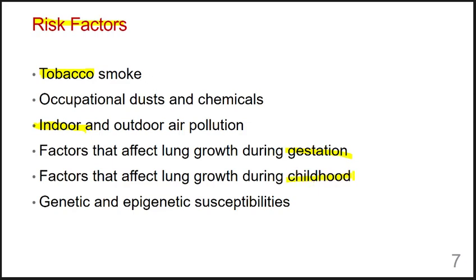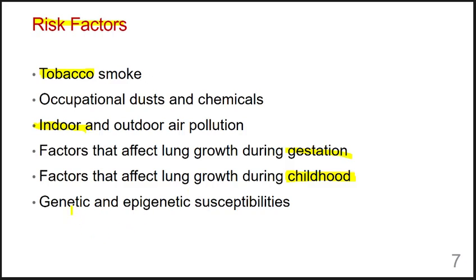So if that child is born at a low birth weight, maybe they have chronic respiratory tract infections, childhood asthma, childhood obesity, all can predispose somebody to the development of conditions such as COPD, especially if they have a variety of these risk factors and then they also smoke, they have a greater chance of developing COPD.